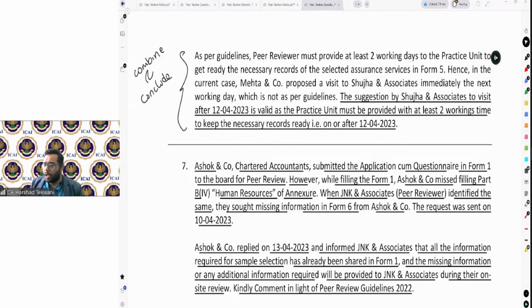What is the additional information provision in the peer review guidelines? Whether Ashok and Company is correct or whether J&K Associates is correct.